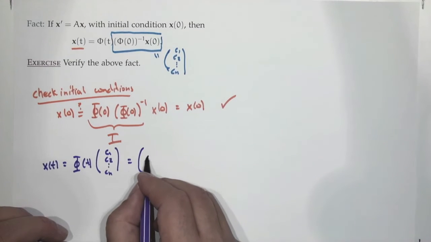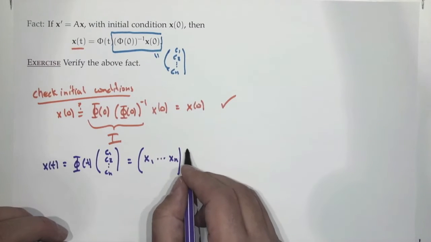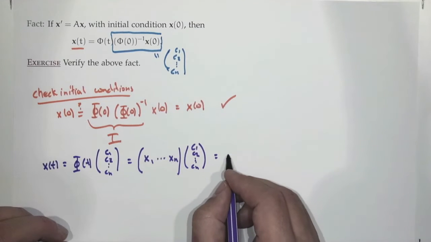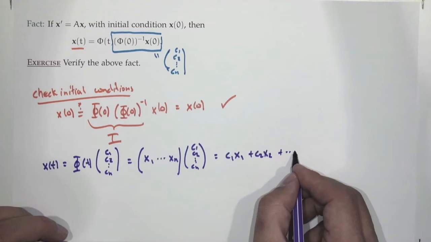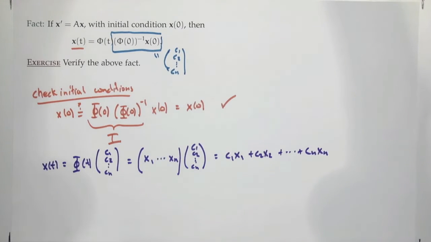But remember, we know what phi looks like. It's x1 through xn, and then we have our c1, c2, cn, which means it's c1 x1 plus c2 x2 plus cn xn. That's what we know x of t looks like. It looks like a combination of each of these.